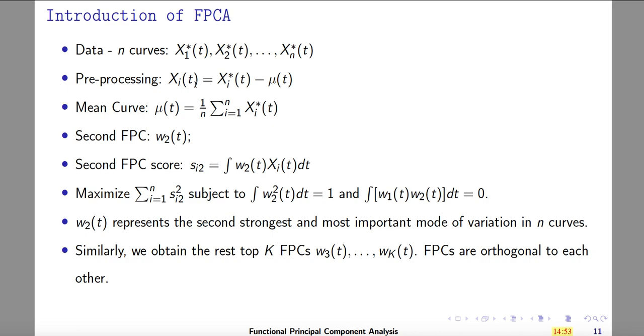If you treat the value of the curve at each time point as one variable, then you will have multiple variables. So this is the connection with multivariate PCA.